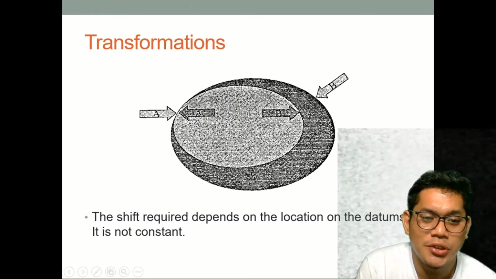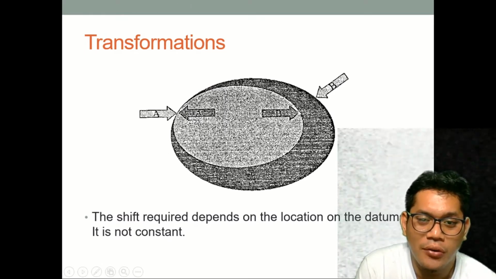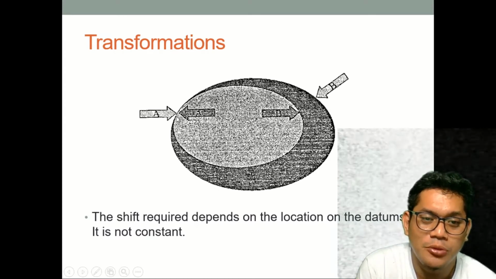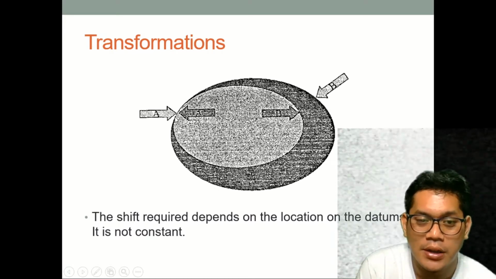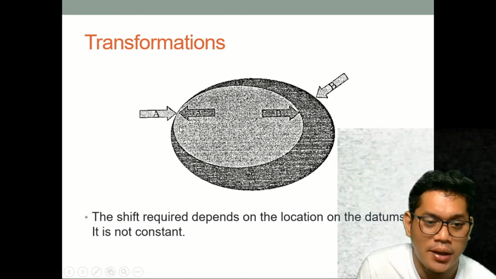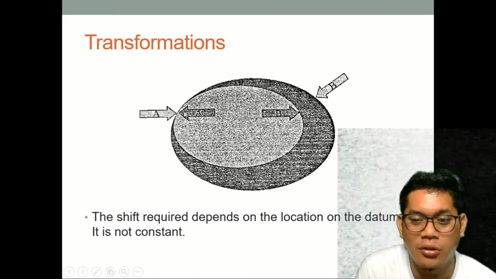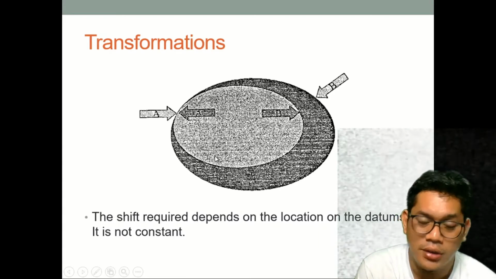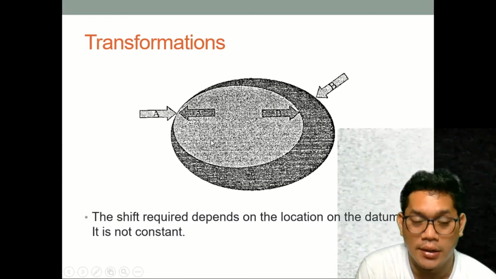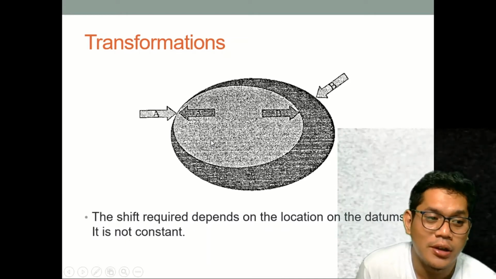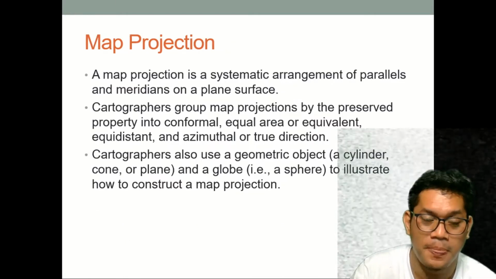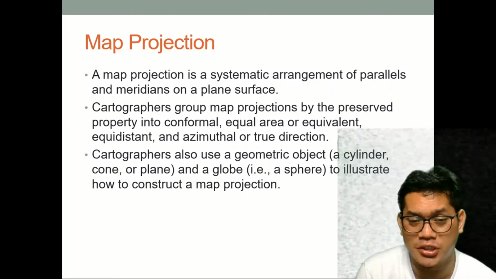Through these transformations, the shift of the surface to best represent the local area is very important. It depends on the location of the datums and is not consistent. Therefore, different countries might have a different datum in order to estimate their local projection. Now we are talking about the map projection.